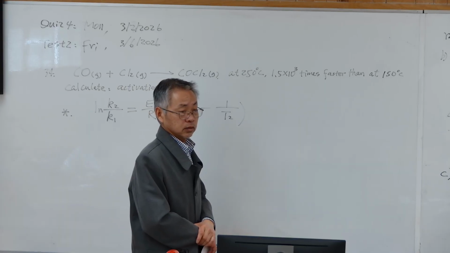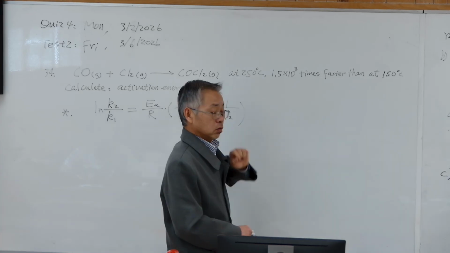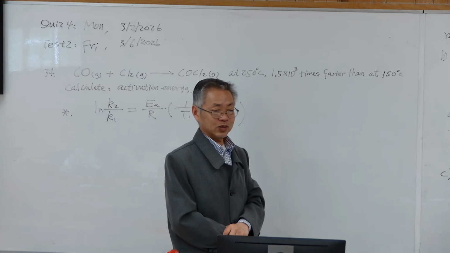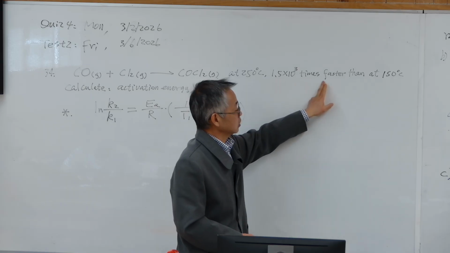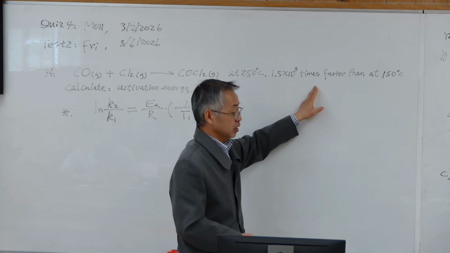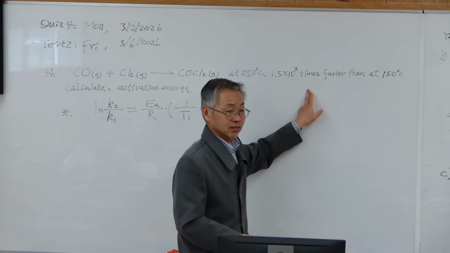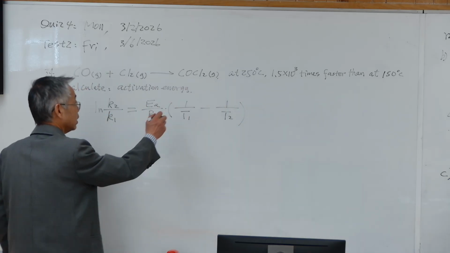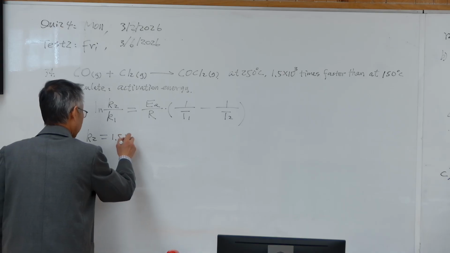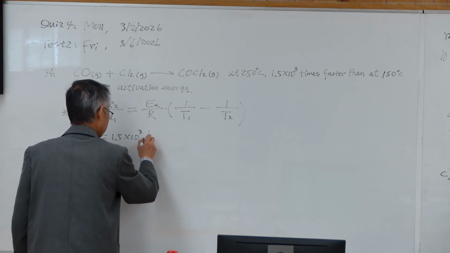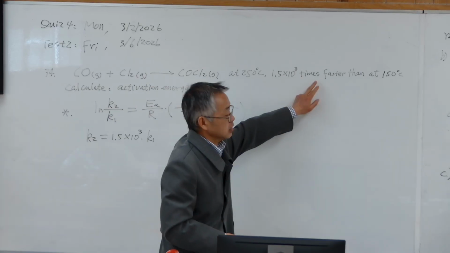If you think 150 is T1, then 250 is T2, right? Then this tells you the K1, K2 ratio: K2 is 1,500 times faster. So K2 is 1.5 times 10 to the third power of K1, which means 1,500 times faster.